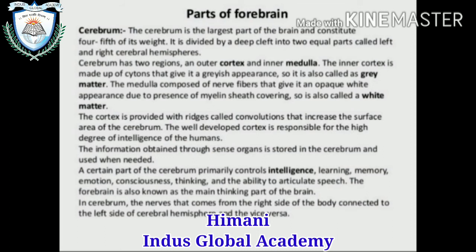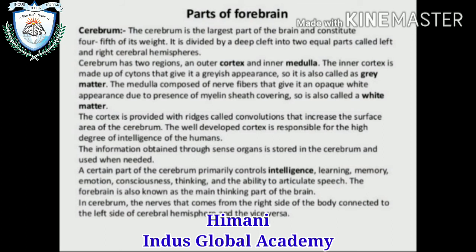The outer is the cortex, the inner is the medulla. The cortex is made up of cell bodies that give a grayish appearance, that's why it is known as gray matter. The medulla is composed of nerve fibers which give a whitish appearance because of the presence of the myelin sheath covering. That's why it is white matter.